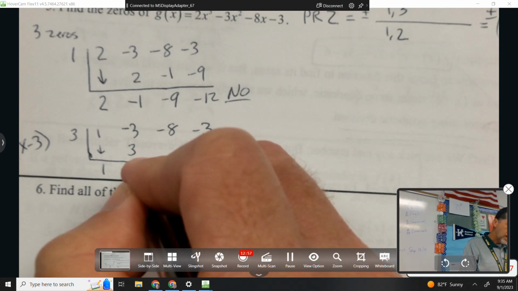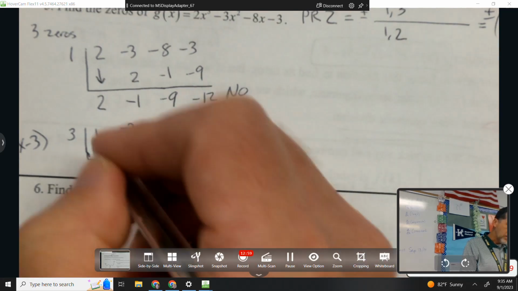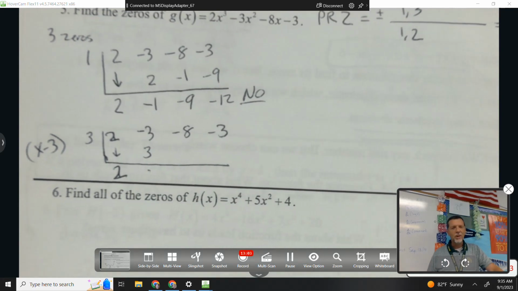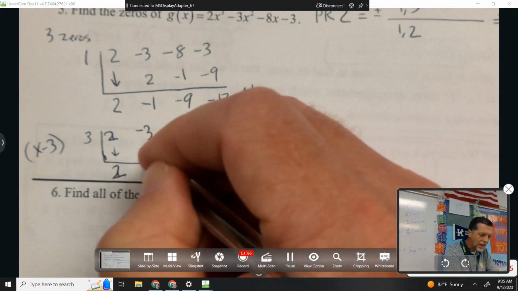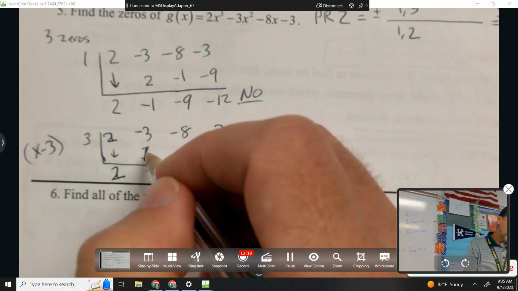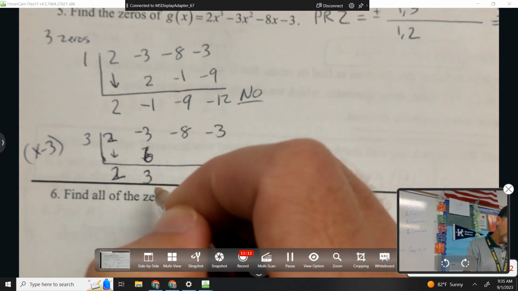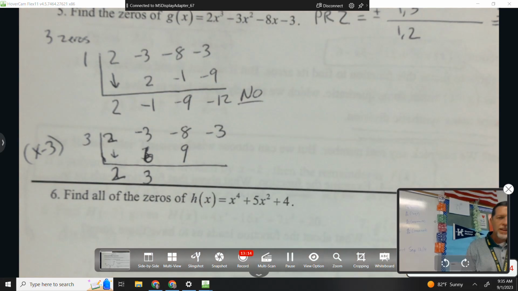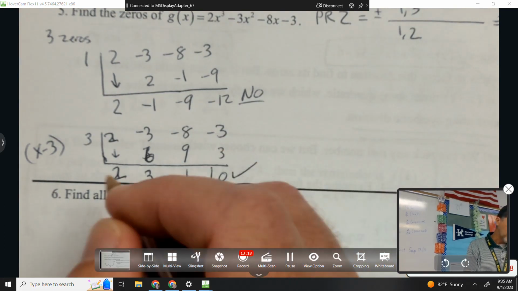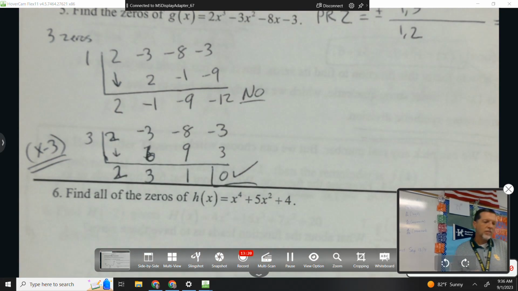Wait, why would it be 1? Wait, that should be 2, yes. That was going to get me a wrong answer in a hurry here. Bring down the 2. 2 times 3 is 6. Minus 3 is 3. 9, 1, 3, 0. Yes, good news. So x minus 3 is a factor.